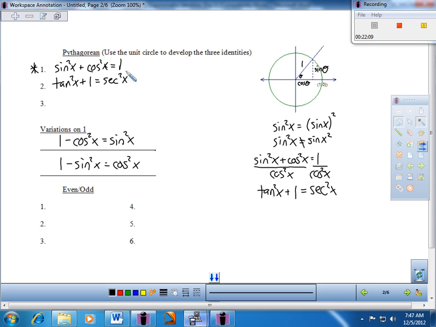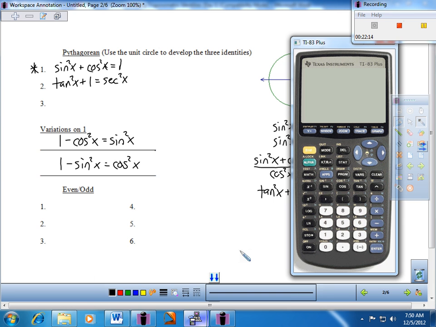All right, beautiful. I'm going to bring my calculator up to verify exactly that piece. If you want to do the same, that's great. So I'm just going to do tangent of any number. I'm going to do tangent of 9. And let's see, I'm going to square that plus 1. So tangent squared of x plus 1, and I get that right there, of course. And now what I'm going to do, everybody, is the secant squared.